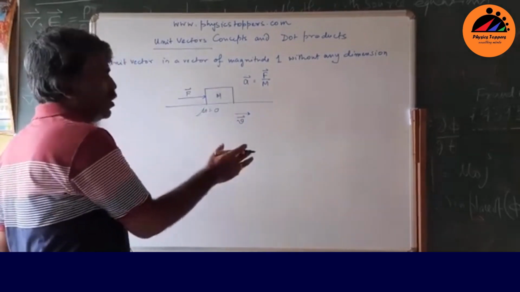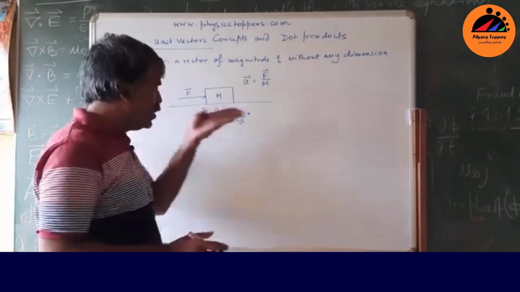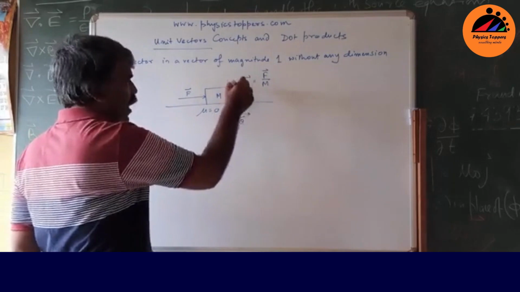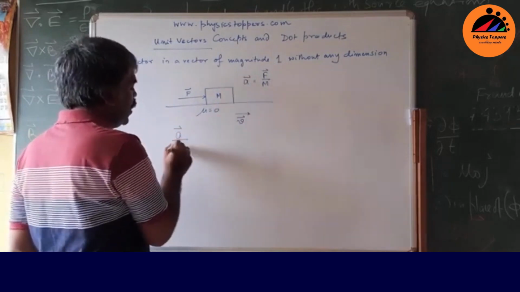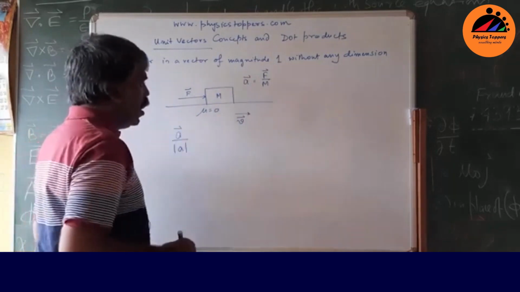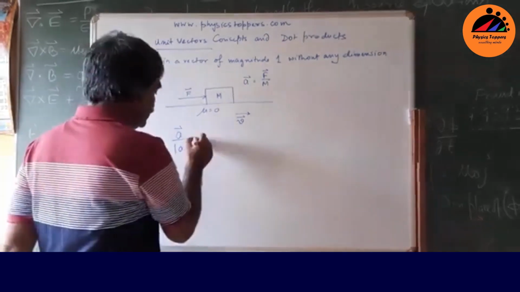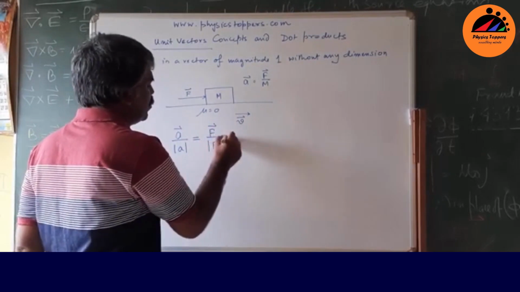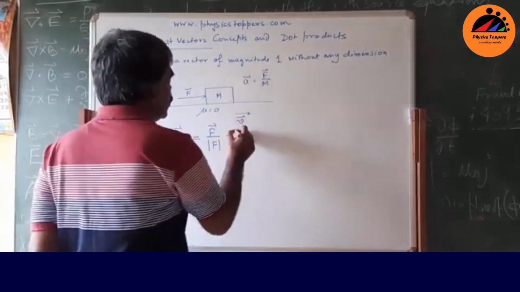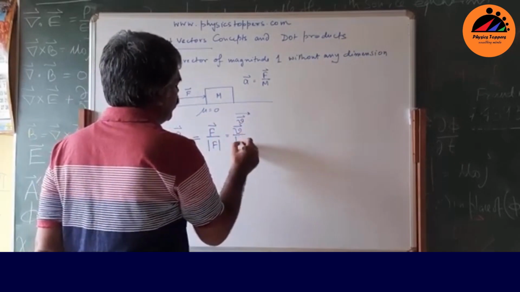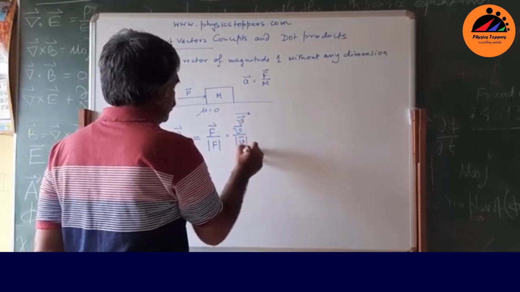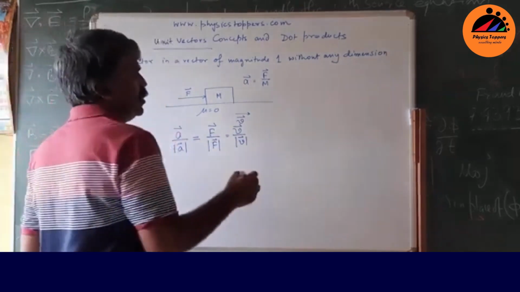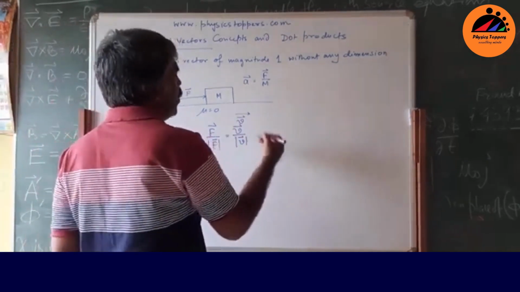If I want to find the unit vector along this direction, that will be this vector, any vector a, divided by its magnitude. Interestingly, this is very similar to F by magnitude of F, and this is very similar to v divided by magnitude of v. The normal notation of a unit vector is given by hat.